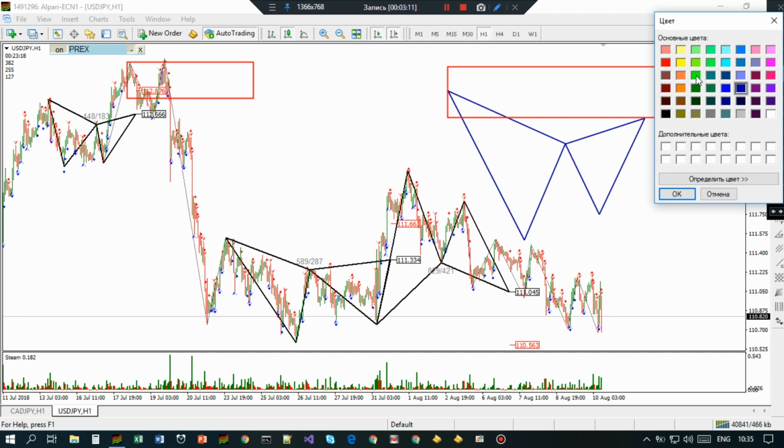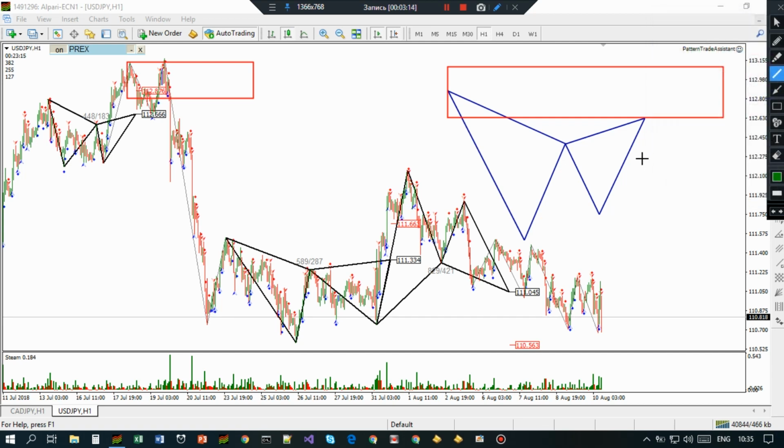Let me put this color green. So yes, imagine we have some green candles like this.